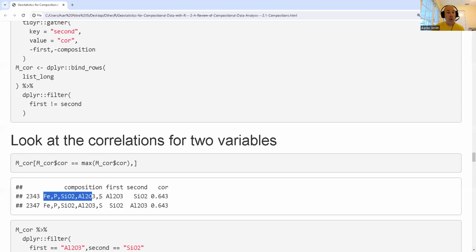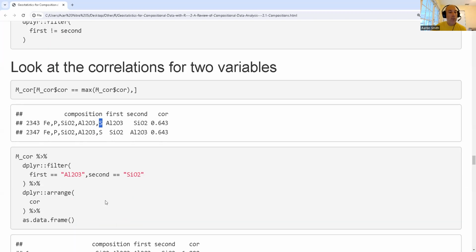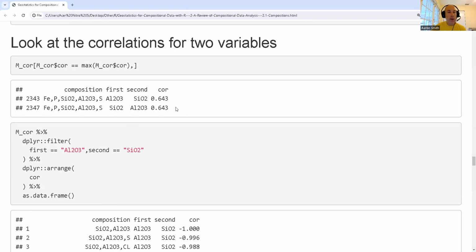And we get this when we use this composition. Here we can see the two columns of interest. Then we have iron, phosphorus, and sulfur, I think. I'm not a chemist, I'm a mathematician. I can't really remember, but I know where to look it up. This is the highest one of the entire data set.